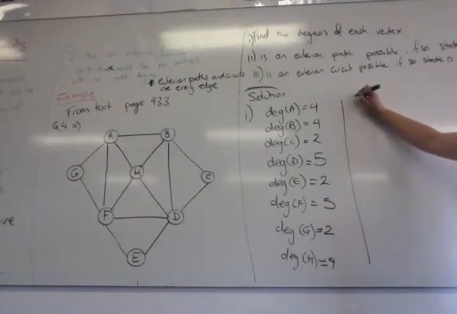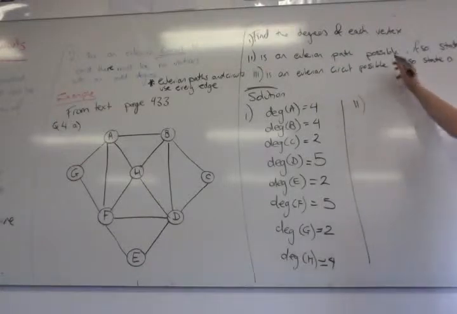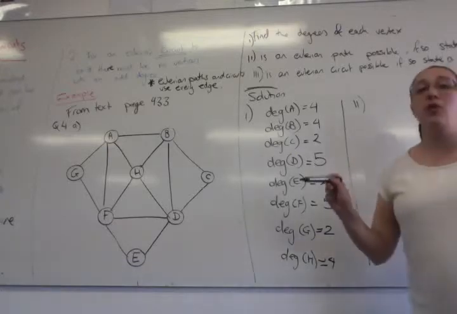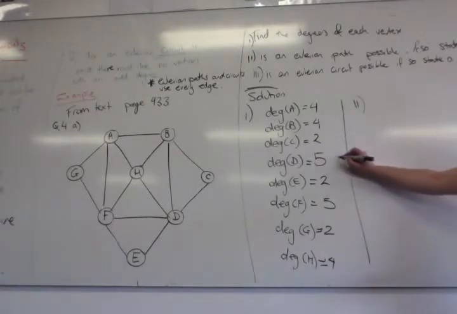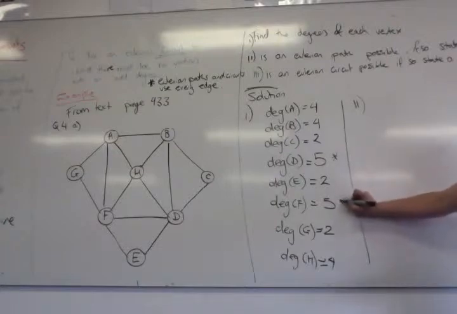Now, part 2 says, is an Eulerian path possible? Now, for an Eulerian path to be possible, we said it had to have either no or 2 vertices with an odd degree. So, with what we've got here, how many vertices have an odd degree? 2. 5's odd and 5's odd here.